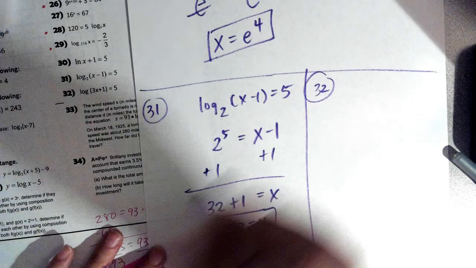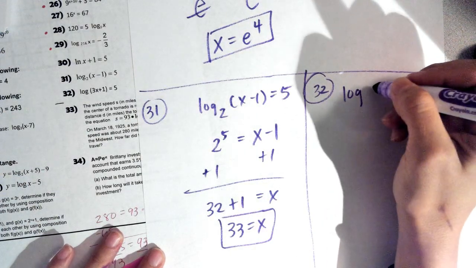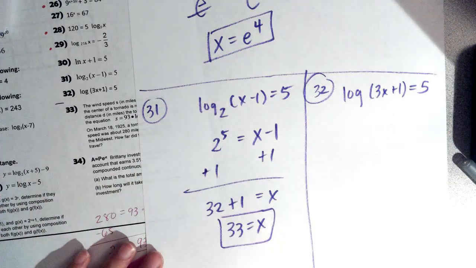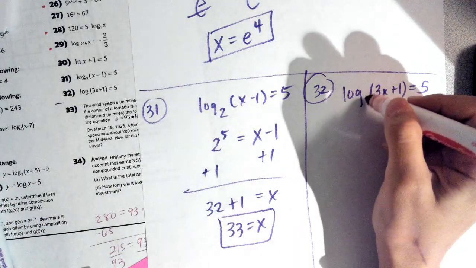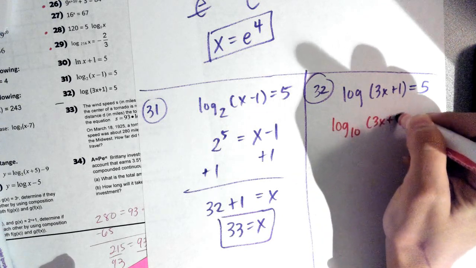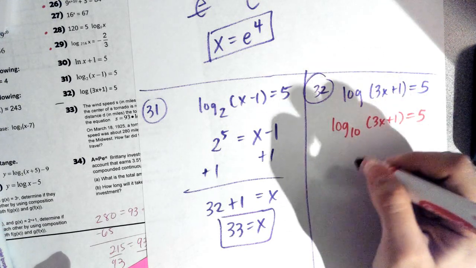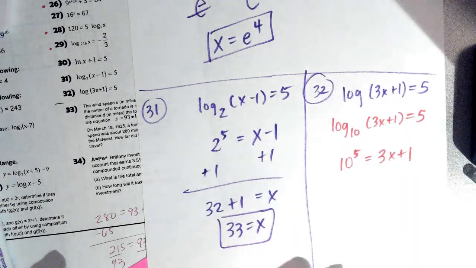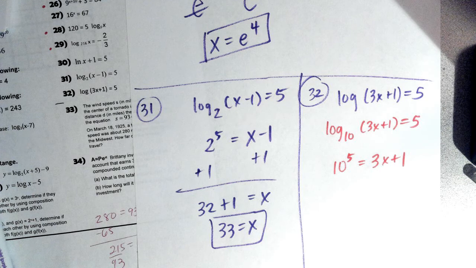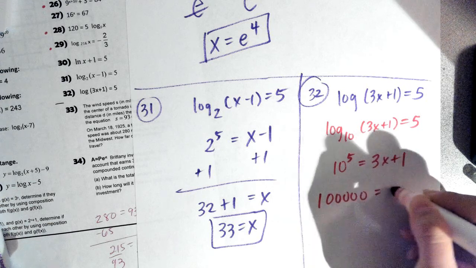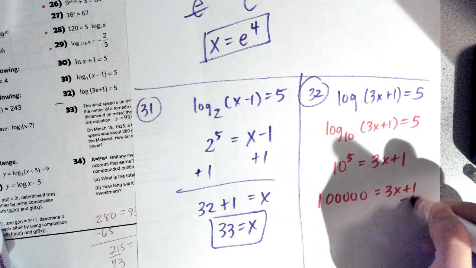Last one, 32. I have log of 3x plus 1 equals 5. Now be careful. Anytime they don't have the base, you assume it to be 10. So if I rewrite this, it's going to be 10 to the 5th power equals 3x plus 1. That's how you get rid of the log. 10 to the 5th power, it's 1 with 5 zeros. I'm going to subtract 1.